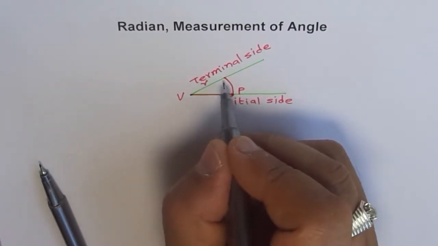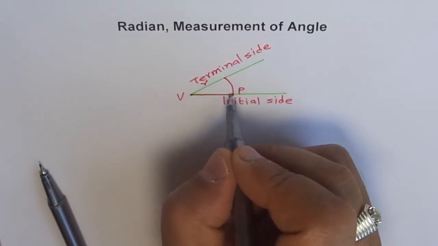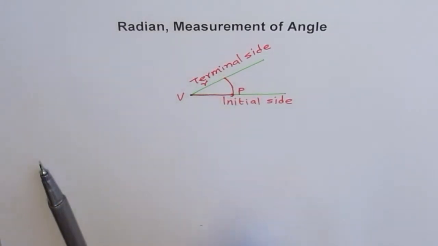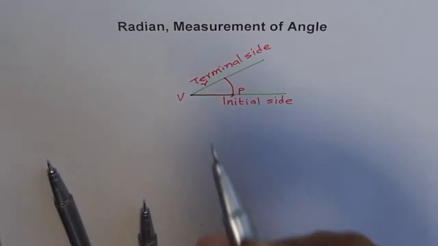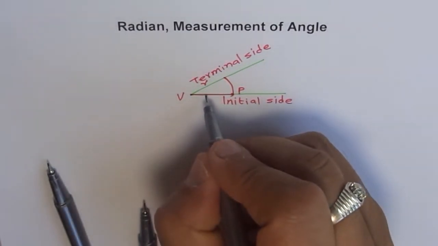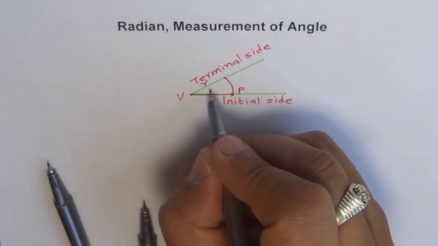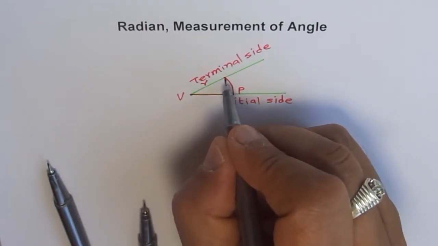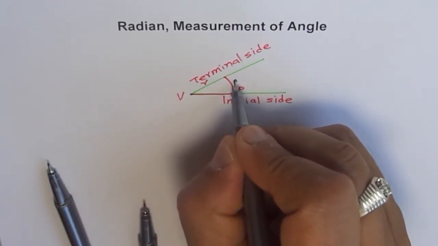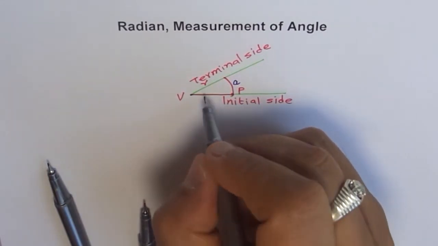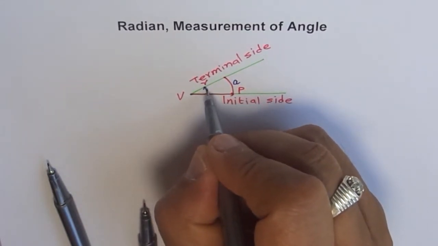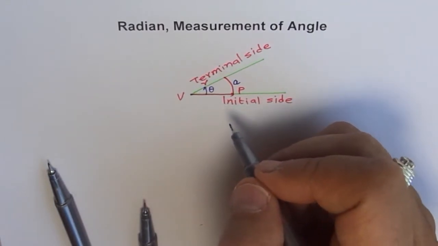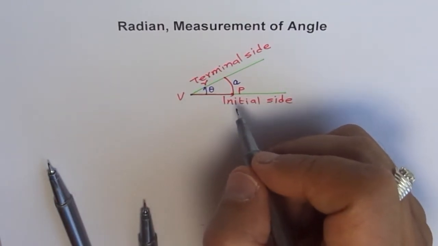So we will call that the radius of our circle, or in this position we are just showing an arc, okay? And in that case, the angle subtended at the center, or the central angle, is at the center. So, and this is our arc. We'll say let the arc be A, and let this angle be theta. We use this Greek letter theta very often to show the angle.